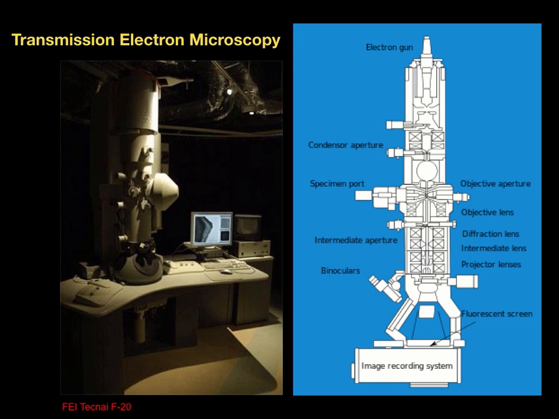We put the specimen, that is our sample, on a tiny copper grid, and then there is an electron gun on the top that's going to shoot a beam of electrons, and different magnets are going to act as lenses, and then everything is going to get projected down here, and we can get the image from there.